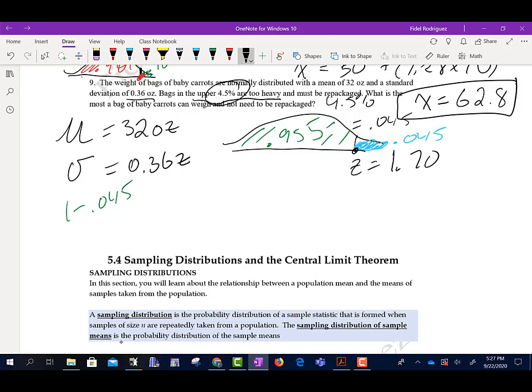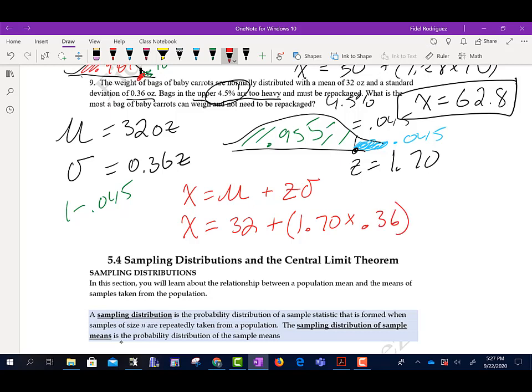Okay, so now what I want to do is write out my formula. X equals mu plus z times sigma. So my mu in this case was 32. Our z value we came up with was 1.70 times my sigma, which is 0.36.